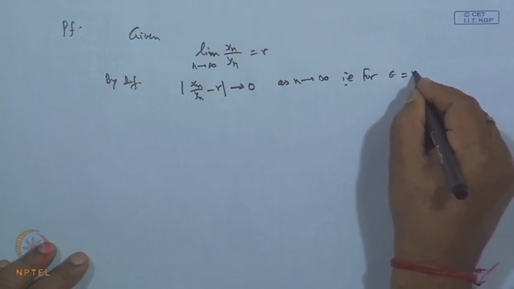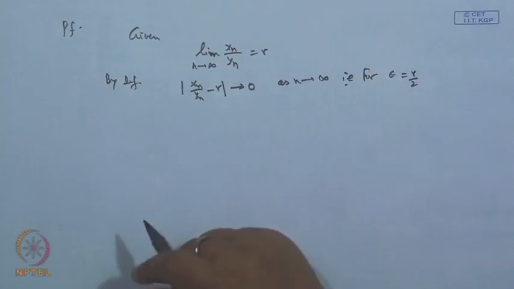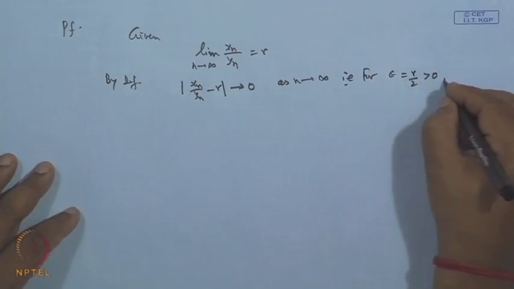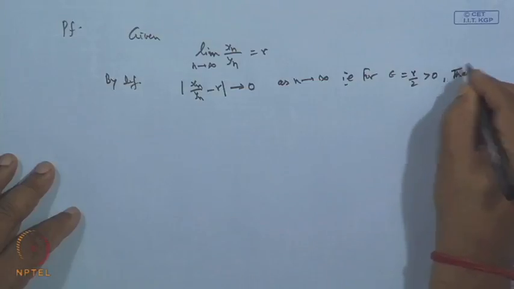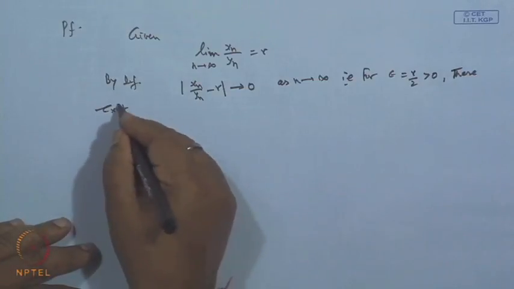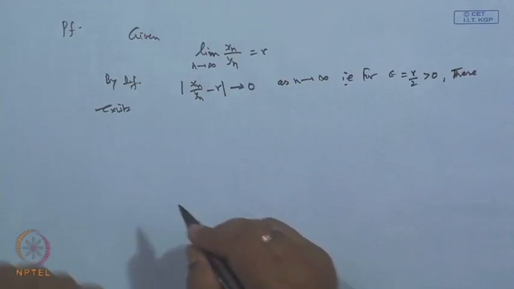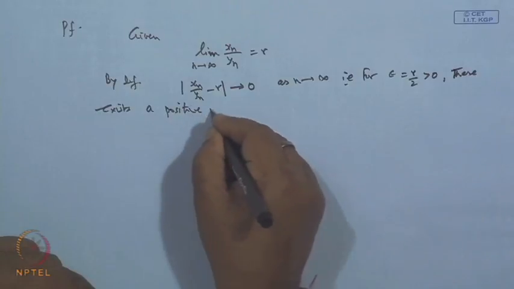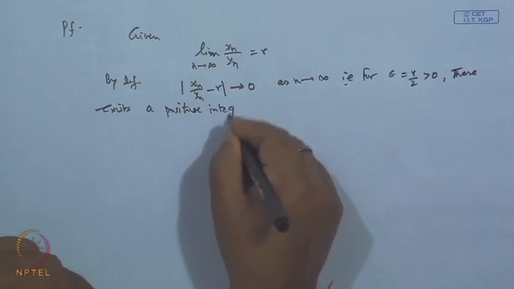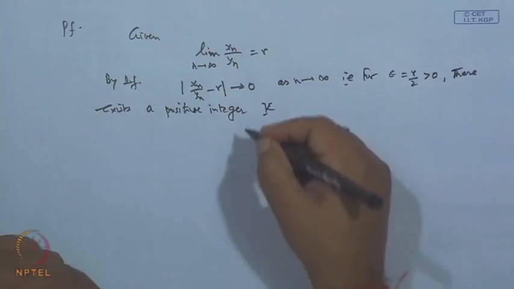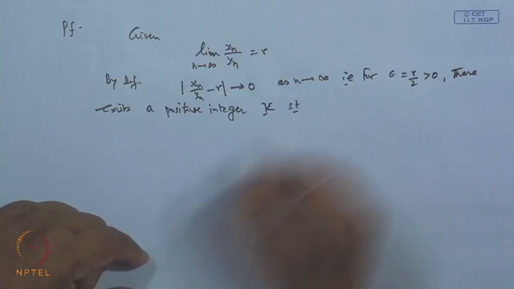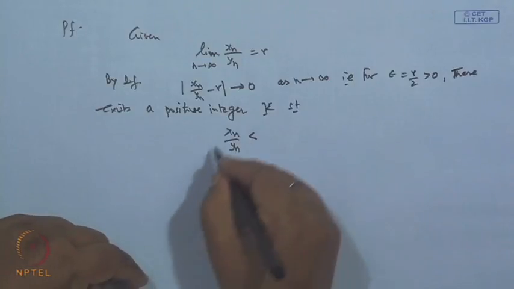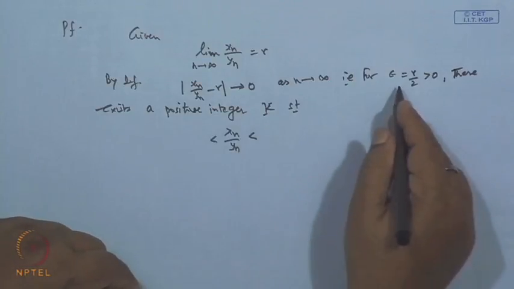Say epsilon equal to r by 2, which is greater than 0. There exists a positive integer, say k, such that x_n over y_n will lie between the two bounds r minus epsilon and r plus epsilon.